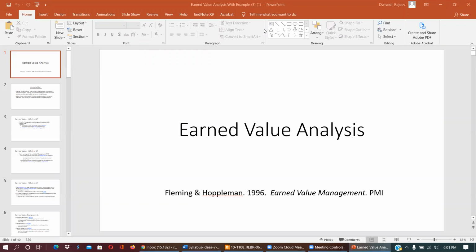So earned value analysis is a very simple technique. It is based on three parameters, and it is widely used in project management, product management, and related areas.